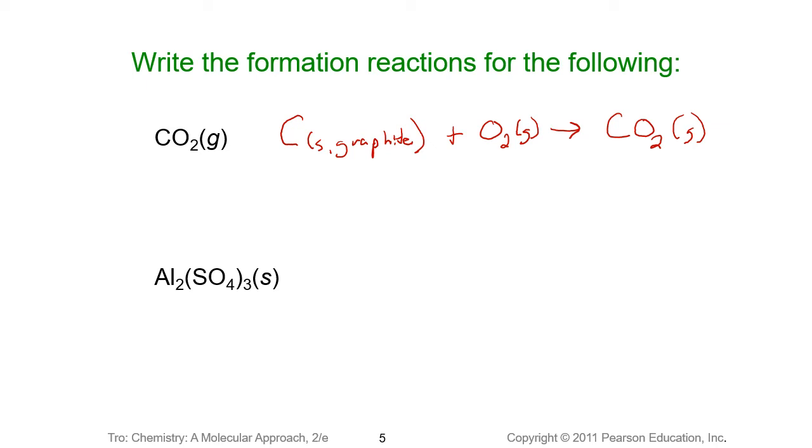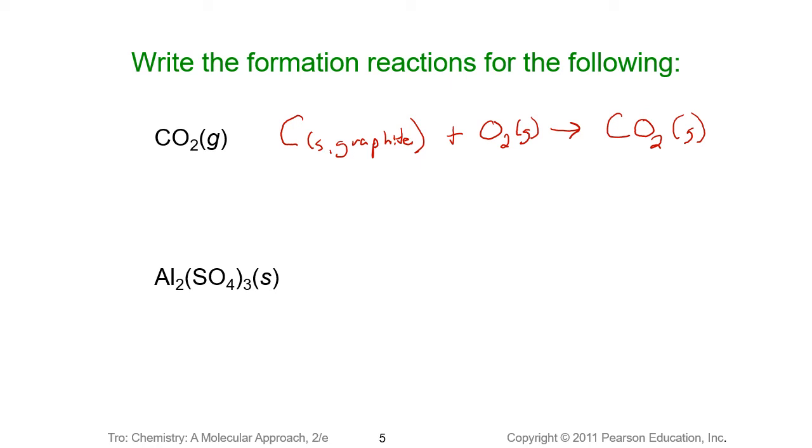Now, we know that these are the elemental forms by looking back at our table and finding the row that is 0 for carbon and for oxygen with a standard enthalpy of formation of 0. So if we try and balance this, we've got 1 carbon and 2 oxygen. So this is our balanced formation reaction.